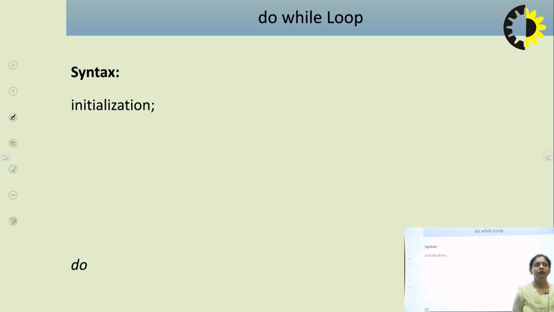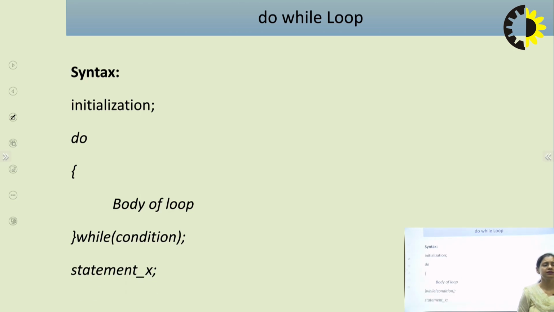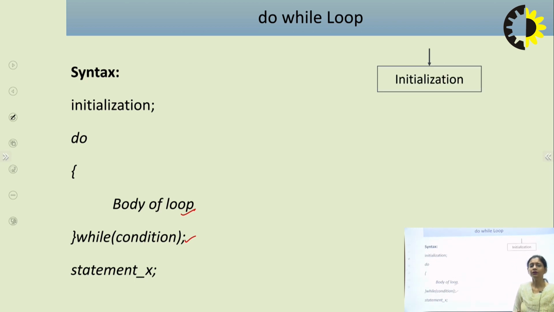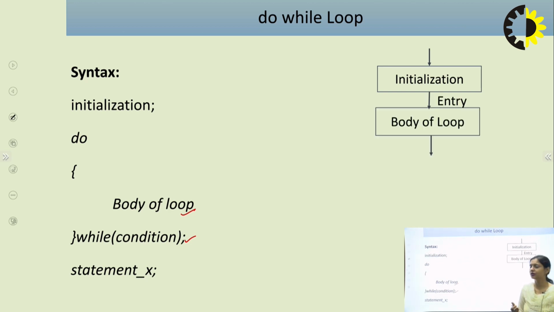The next loop that we have is a do-while loop. The do-while loop is different from the while loop in just one case, that here the body of the loop is executed first and the condition is checked later. Now, due to this change in the sequence, we have a different type of loop that is being executed.